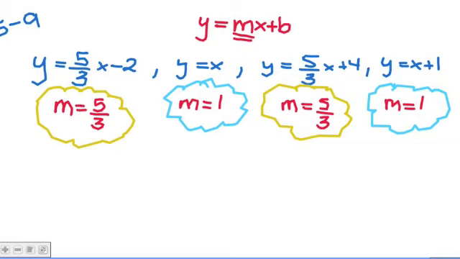All right, well, let's try one where we have to transfer it into slope-intercept form. So what if I was given these equations to compare? Y equals 2x minus 3.